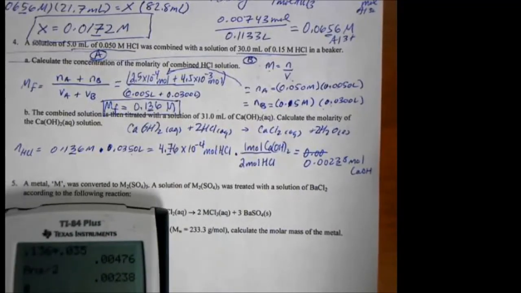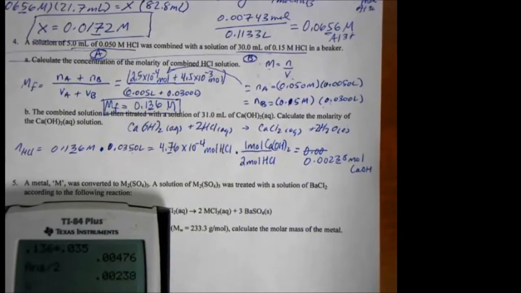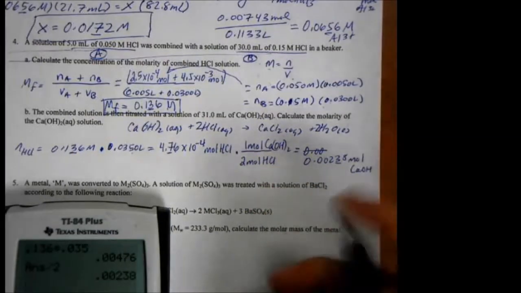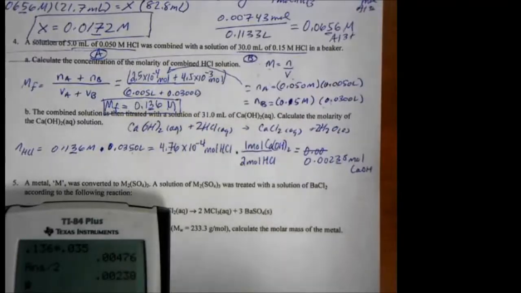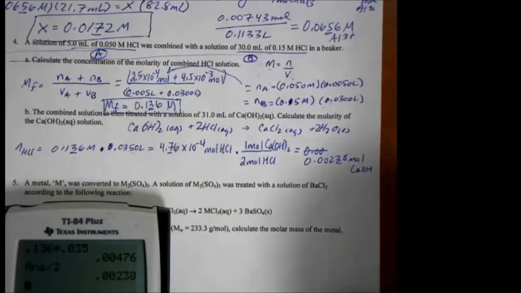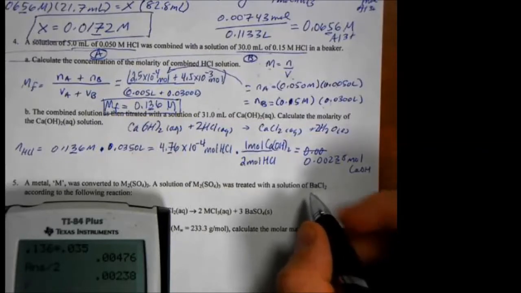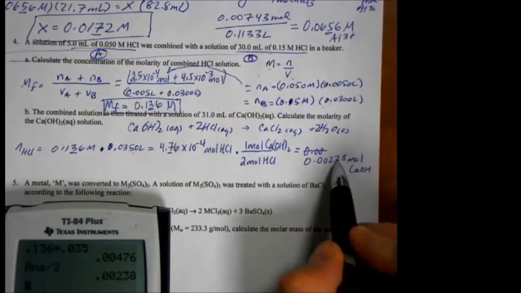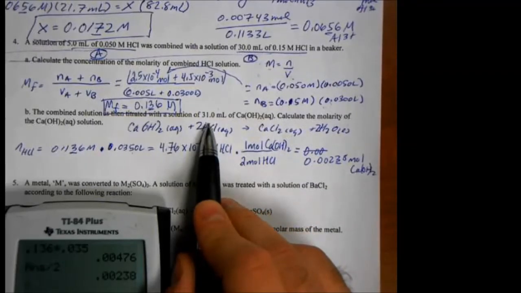And the final step is calculate the molarity. So if we come down here, we'll borrow a little space from the question below. Sorry guys, I guess there wasn't enough space for these. I just threw this together quick, so go ahead and use a separate piece of paper if you have to while you're doing this. But we'll just do the final calculation for molarity. So we know we have this many moles of calcium hydroxide, and we know that we had 31 milliliters of it.